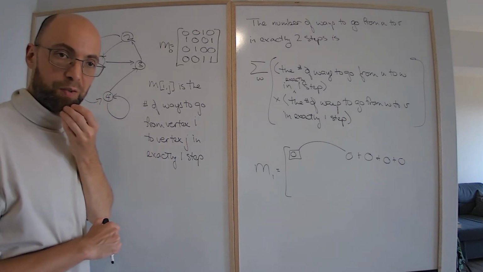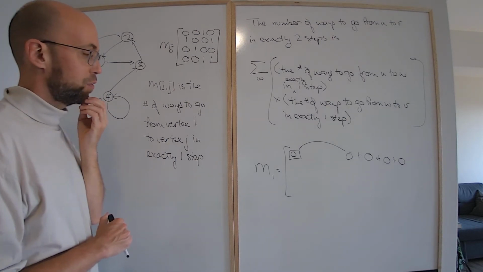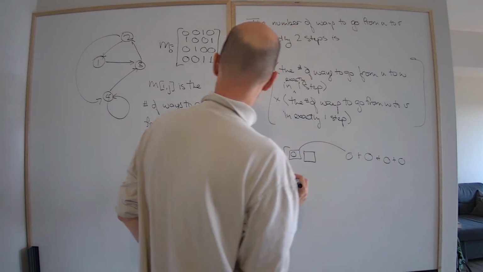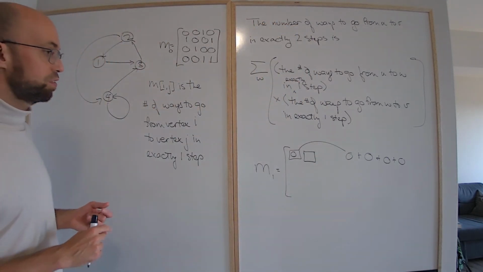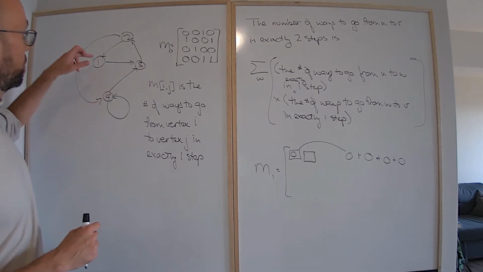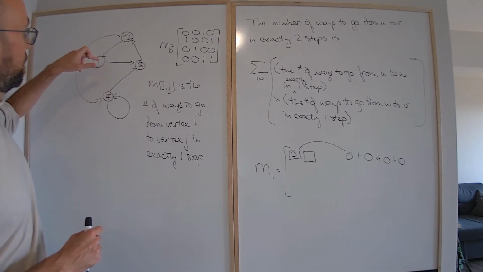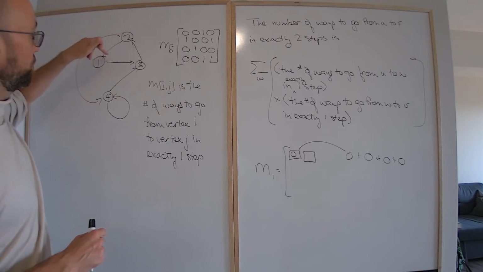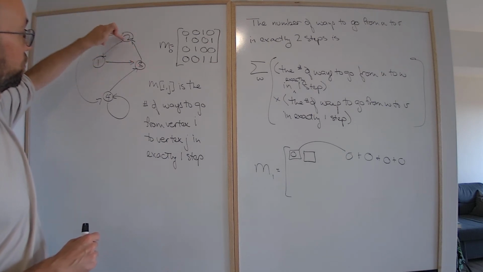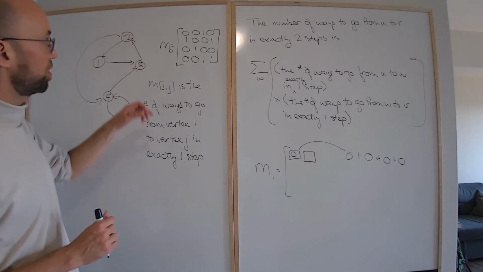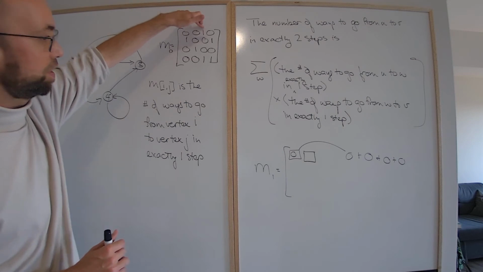Actually, I forget what we're multiplying. Oh, right. So now we're doing the number of ways to go from 1 to 2. So number of ways to go from 1 to 1, and then 1 to 2, plus 1 to 2, and then 2 to 2, and then 1 to 3, and 3 to 2. Okay? So that's more interesting because that's the number of ways to go from 1 to 3.